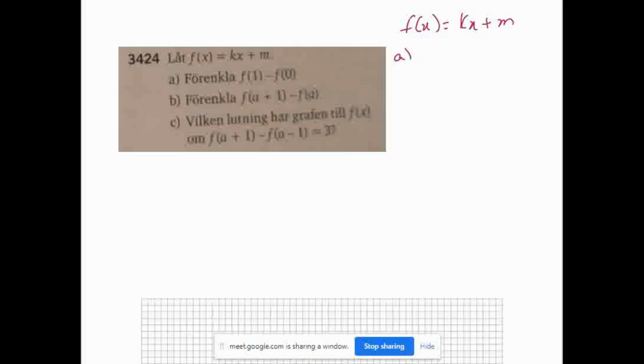Now in part A, first you have to find f of 1, then you have to find f of 0, and then you simplify it and subtract the answers. So can you please do it in your notebook? At the same time, I am going to solve it on this board.